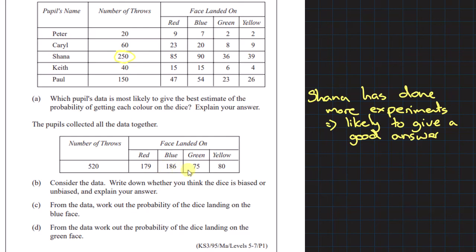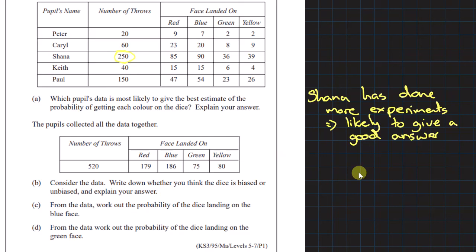Have a look at the situation. Do you think that this dice is biased? Are the numbers about the same? Well, 75 and 80, you'd probably say, yeah, there's an even chance that you get either of those. And 179 and 186, they've got an even chance. But these two pairings are massively different. And because of that, you're likely to say there is actually a bias in this.